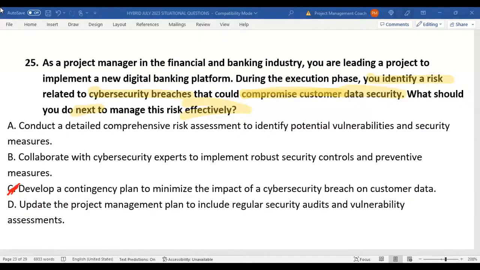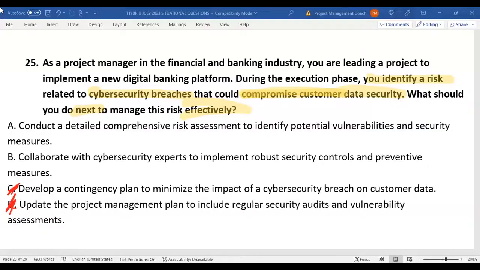No. Let's take a look at the other option D. Update the project management plan to include regular security audits and vulnerability assessments. It's not a bad thing to do, but that is not your major step now. Right now, you need to do something to stem the tide to prevent this from actually happening. It's still a risk. So what are you going to do to be proactive about it? Let's take a look at A.